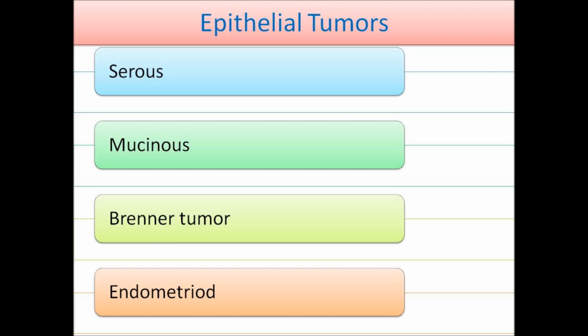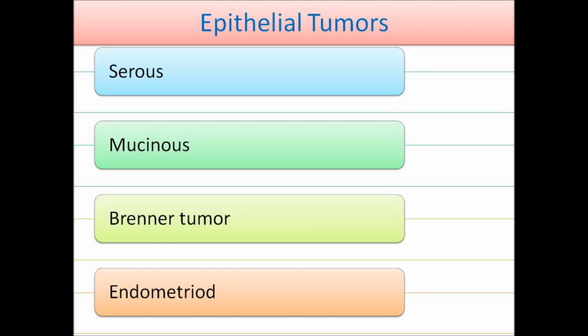First, we have the epithelial tumors. The epithelial tumors are actually the most common ovarian tumors. They make up to 75% of the ovarian tumors, and these tumors are derived from the coelomic epithelium.